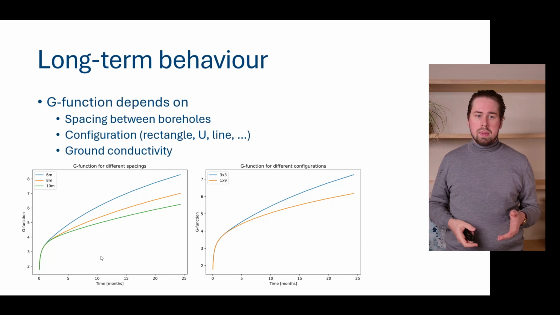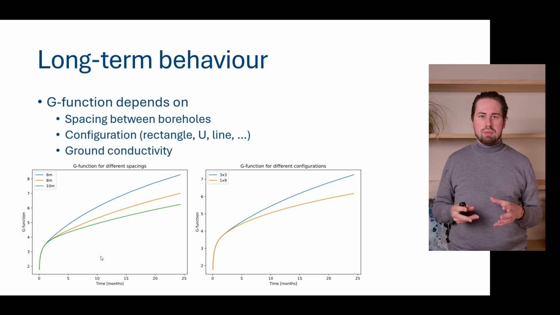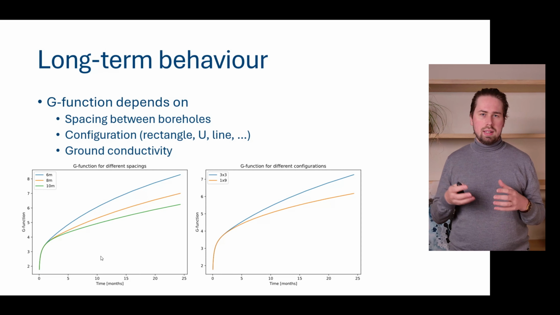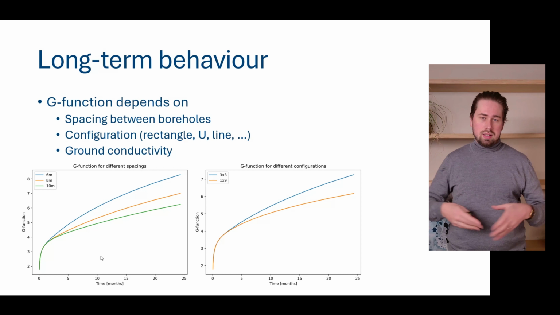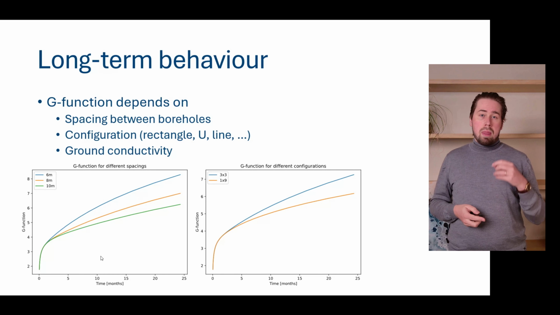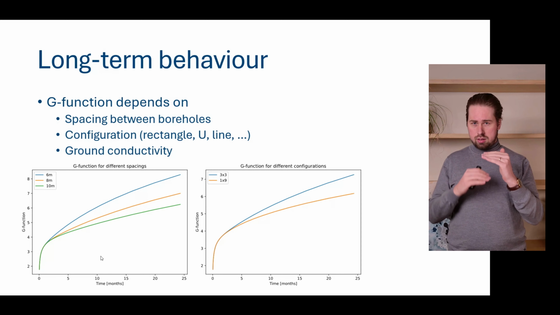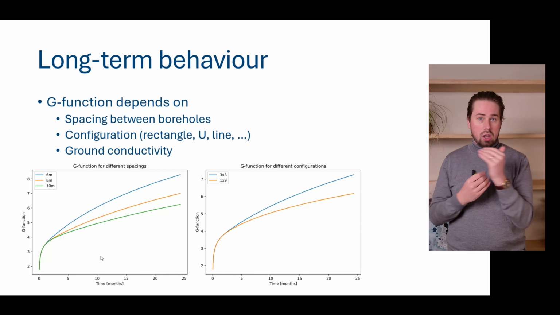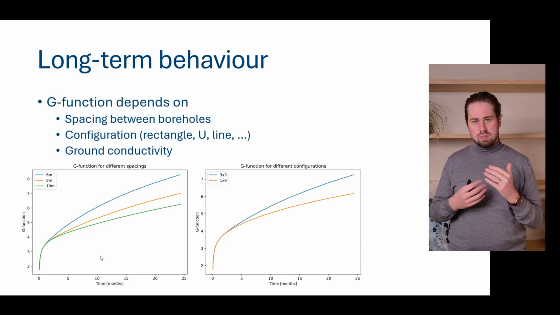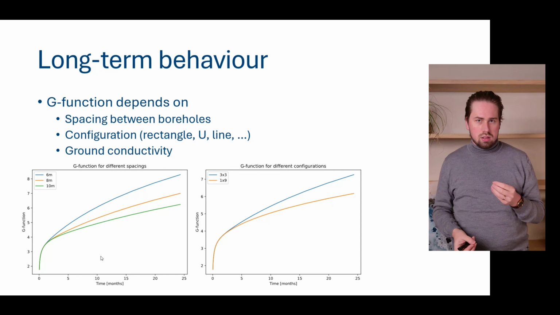Now the third parameter, which we already talked about in the last part, is the ground conductivity. Typically you do not have an influence on this. It is what it is, the geology at a certain project location. But for example, what you can do as a designer, if you know that there is a thermally conducting layer at a certain depth, is that you decide to not drill in that layer.